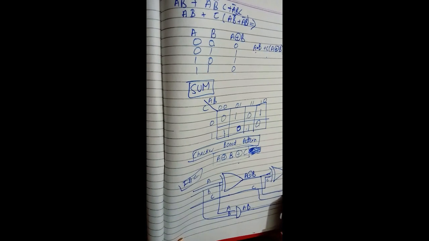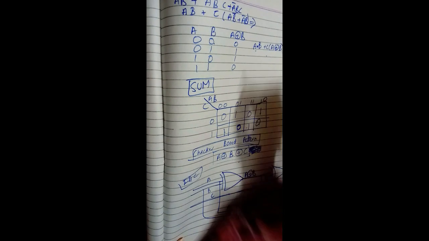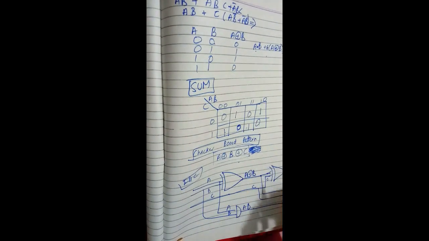This is C into A XOR B. You can see there is the AND gate between it.